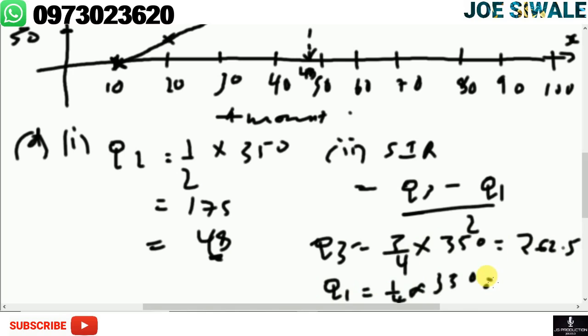Then Q1 we find by saying 1 over 4 multiplied by 350, and this is going to give us 87.5. So we need to get our third quartile and our first quartile.